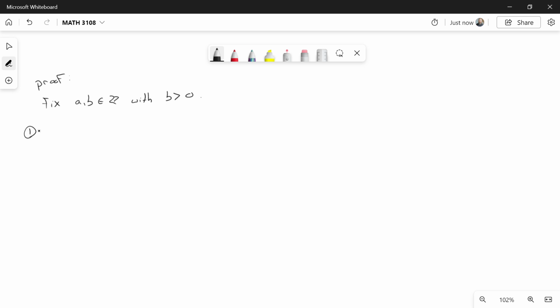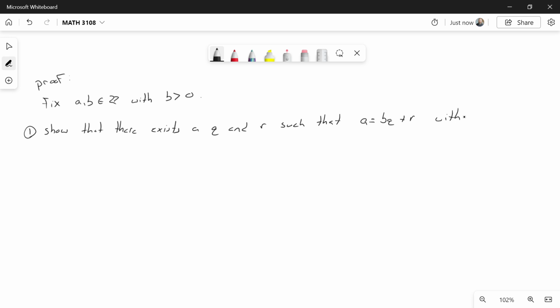So the first part that we want to do is show that there exists a q and r such that a is equal to bq plus r with, right now, we're going to relax the condition that r has to be strictly less than b.